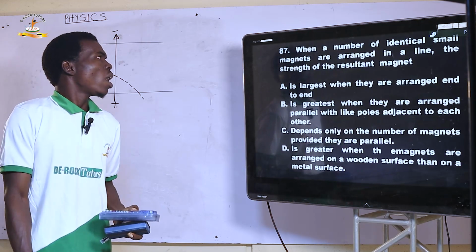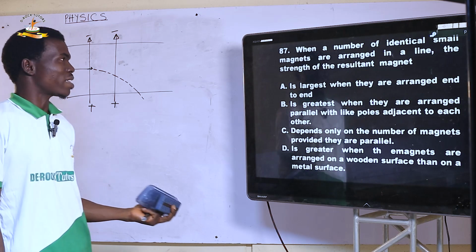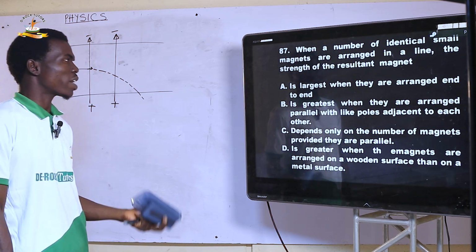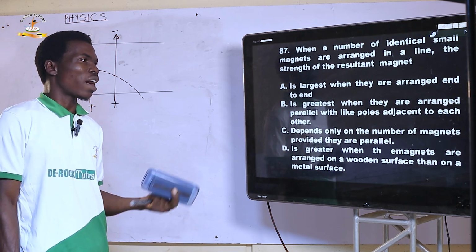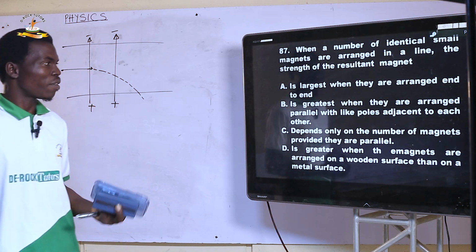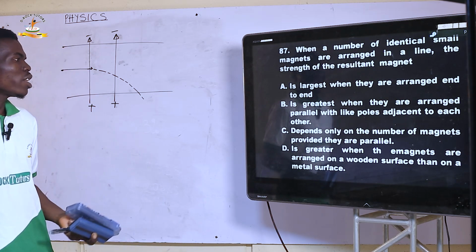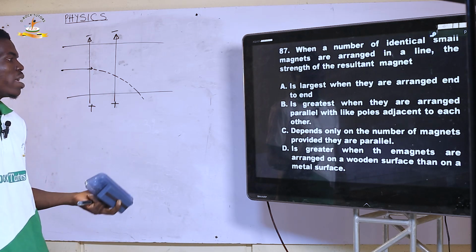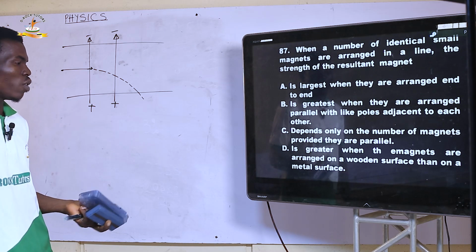Next, 87. When a number of identical small magnets are arranged in a line, the strength of the resultant magnet: A, is largest when they are arranged end to end. B, is greatest when they are arranged parallel with like poles adjacent to each other. C, depends only on the number of magnets provided they are parallel. D, is greater when the magnets are arranged on a wooden surface.